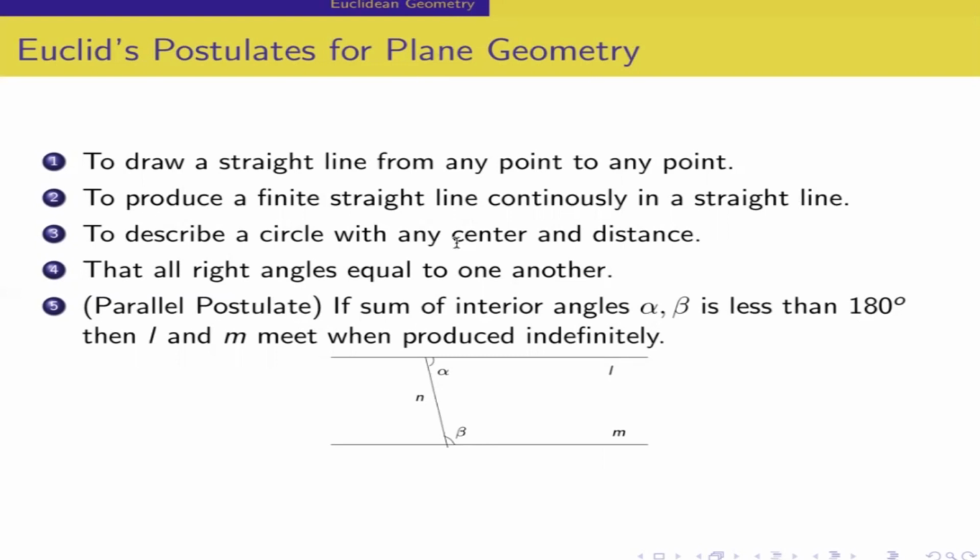The second axiom states that you can produce a finite straight line continuously in a straight line. And the third axiom states that given any point, you can treat it as a center and, given a distance, construct a circle with that point as the center and that distance as the radius.